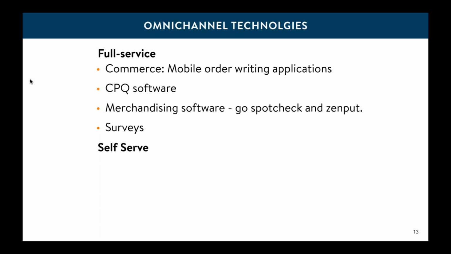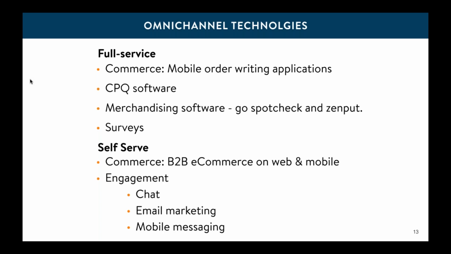On the self-service side, this transaction is really being supported through B2B e-commerce portals like Handshake. Some suppliers have e-commerce on the web only, but many are starting to provide ordering on mobile as well. And outside of the pure ordering itself, it's really important to consider the engagement technologies that can make the online channel more effective, like online chat, email marketing, in-app messaging.